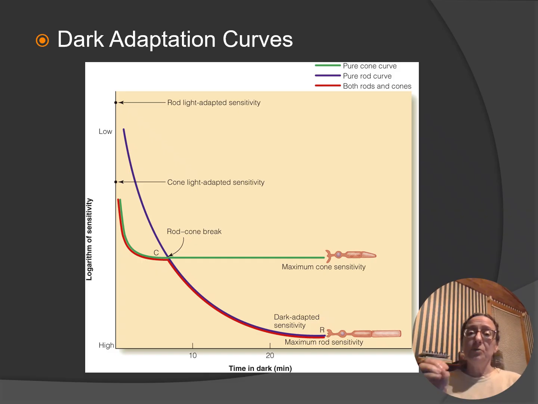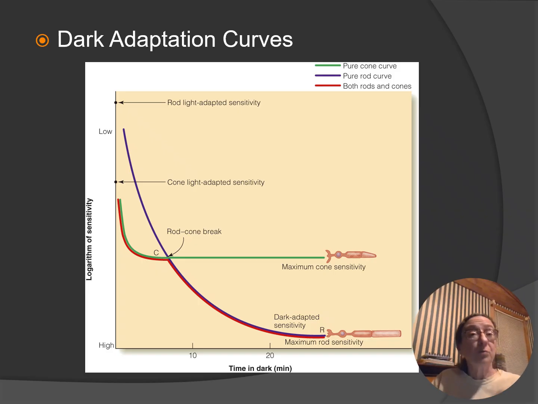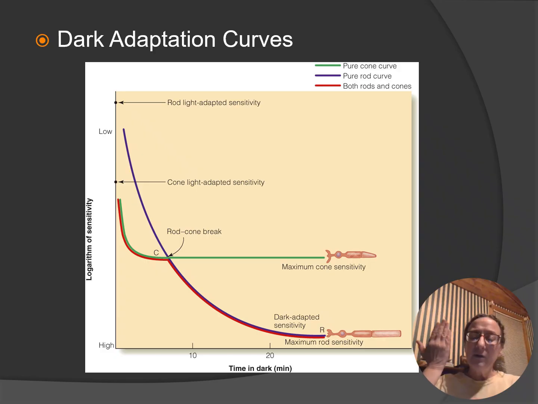They catch up to people who have their rods and their cones, and they match and have the same maximal sensitivity as people who have both rods and cones, because it's really the rods that allow us to get to that maximal sensitivity. What we can see is that at the first part, when we're dark adapting, our rods are regenerating in the background, but not so much that they're helping us yet.